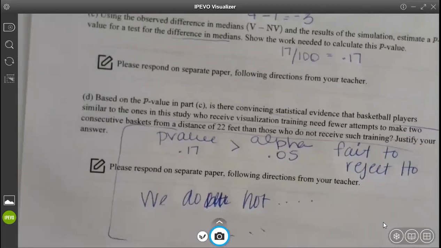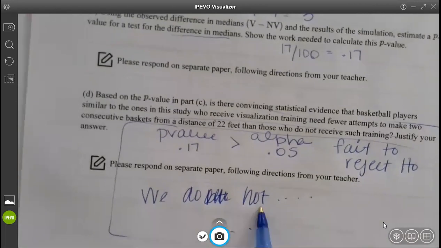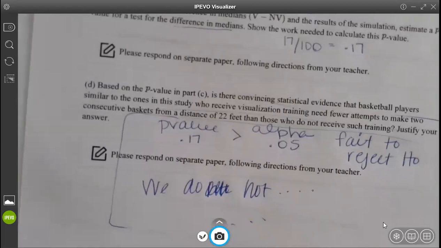So if you don't state it in context, you still get partial credit, but you have to say that we do not have convincing evidence. If you don't write the rest, you still get partial, so if you're being a little bit lazy. And then incorrect if the response does not meet the criteria for E or P. So if you only get one of the parts, so you just compare this, you basically get a 0. That makes sense.